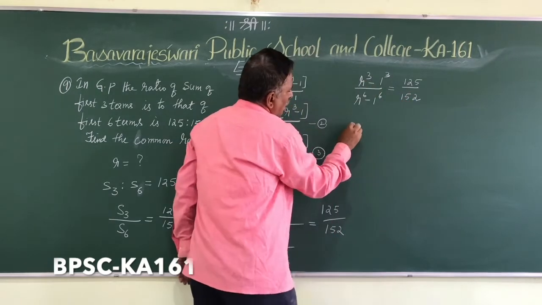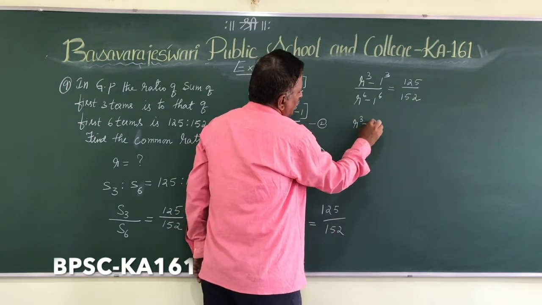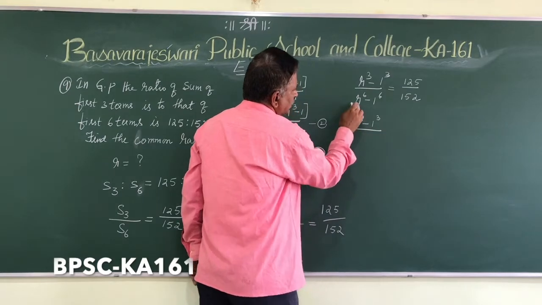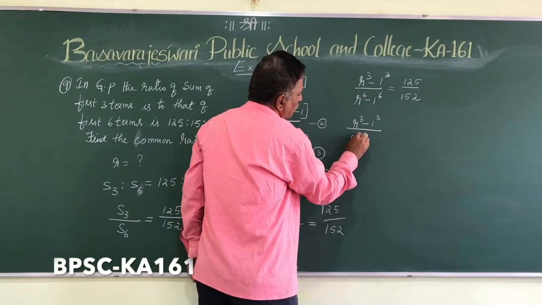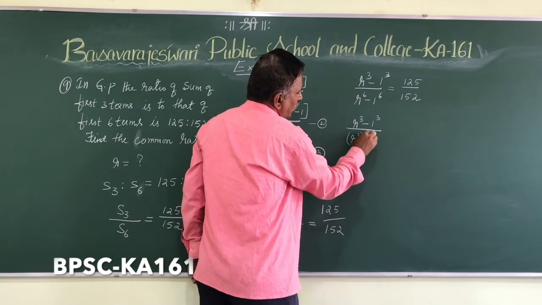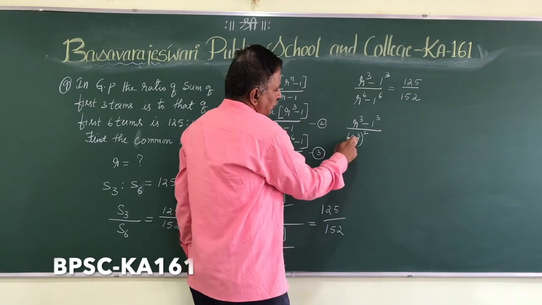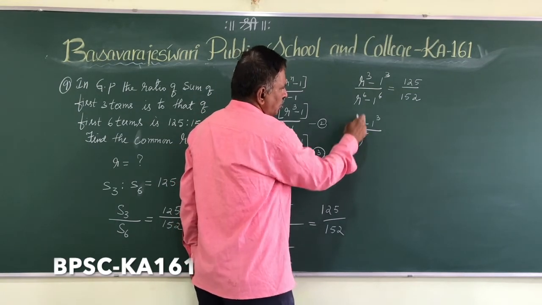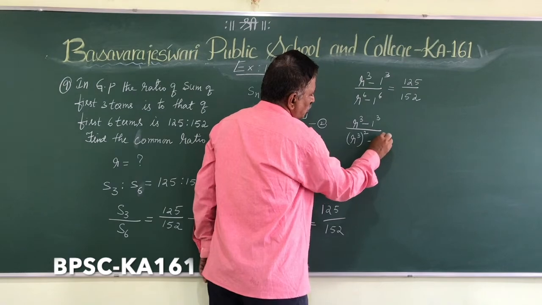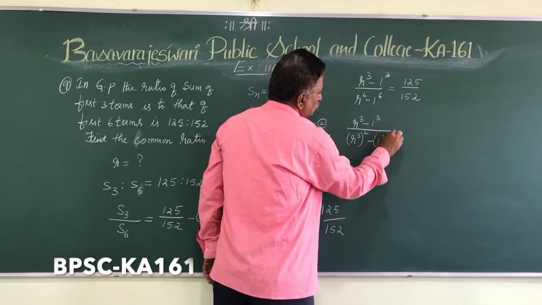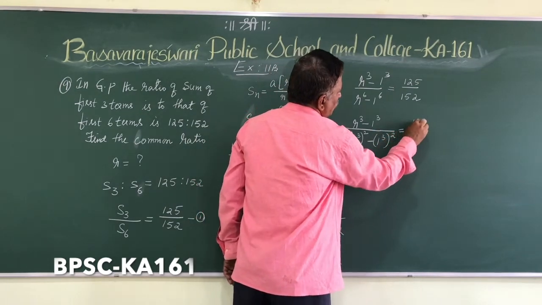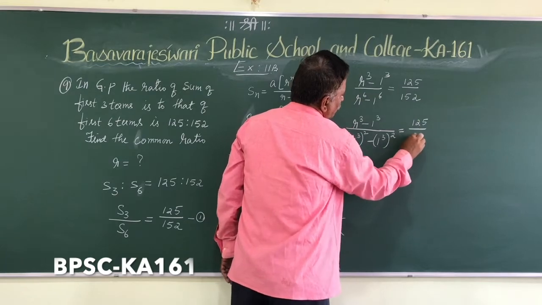Now in the denominator I will write R to the power of 3 whole square, according to the law of indices, a to the power of m into n, 3 two times is 6, minus 1 to the power of 3 whole square.